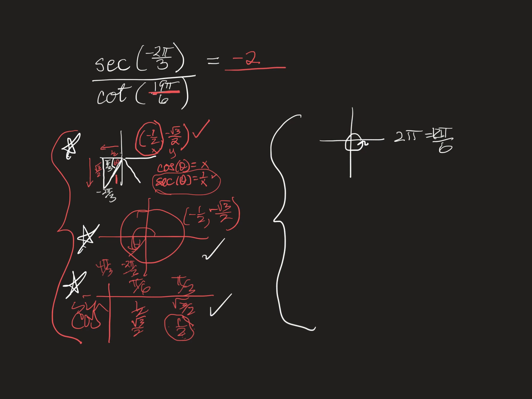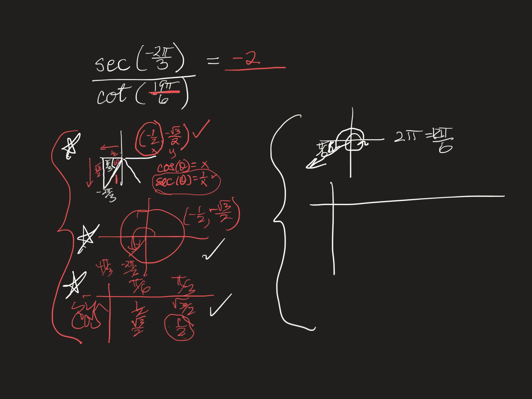So I only have 7 pi over 6 left, all right? And so that means I'm going to go to right here. So this is also a quadrant 3 angle. The reference angle is pi over 6.